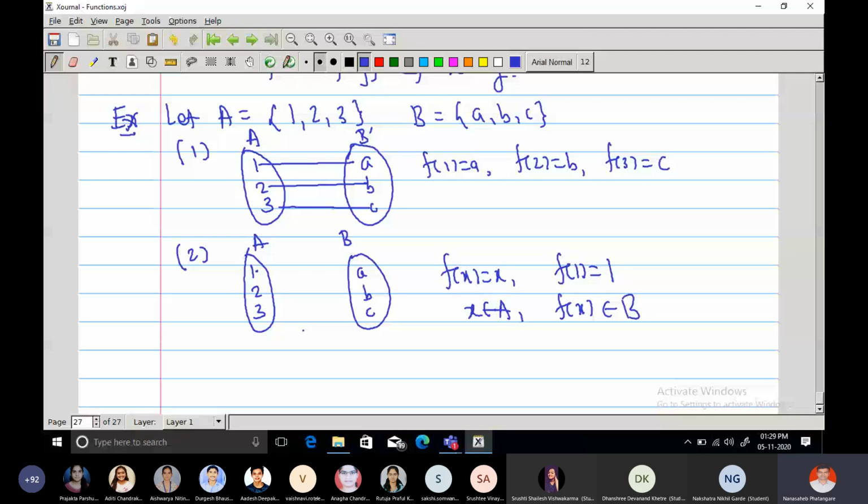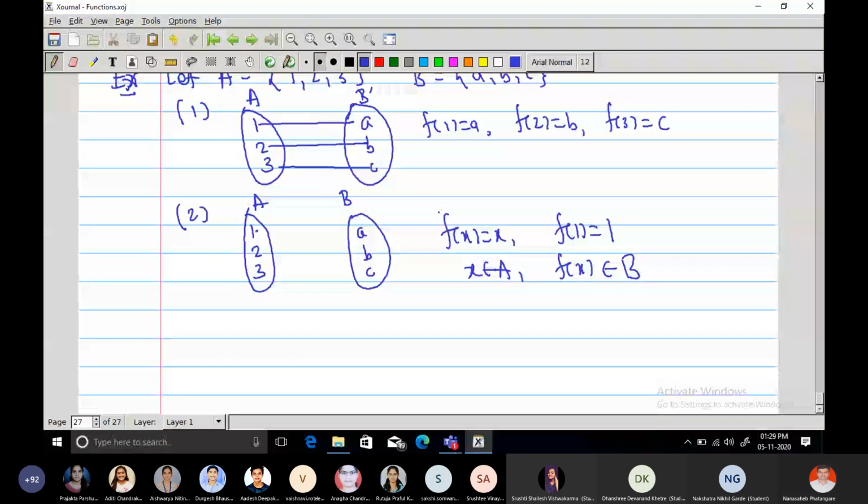We cannot say f of x equal to x in this case because A and B are distinct, different sets. So this is not possible in this case.